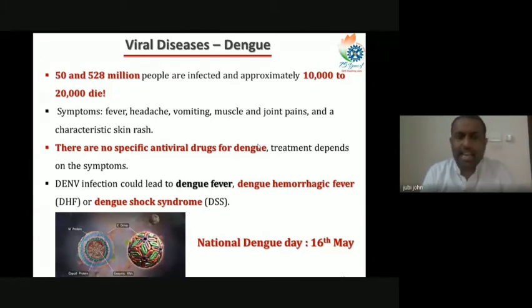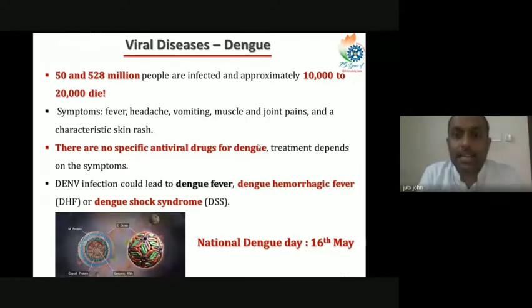It is estimated that around 50 to 500 million people are infected by dengue virus every year. And the problem is that there are 5 serotypes of dengue: dengue 1, 2, 3, 4, and 5. And developing a vaccine which is effective against all the 5 serotypes is the most major hurdle.